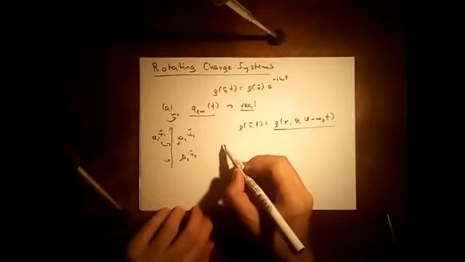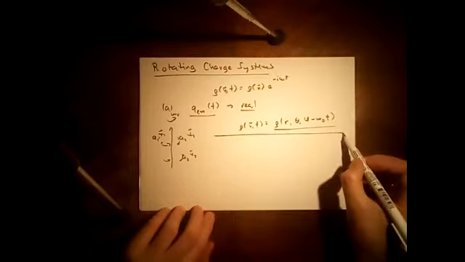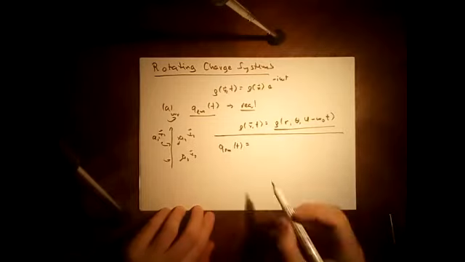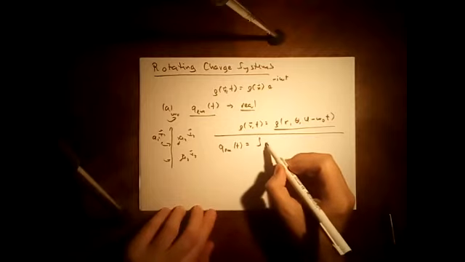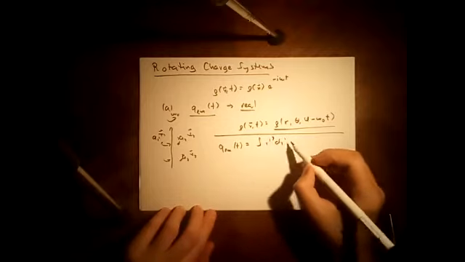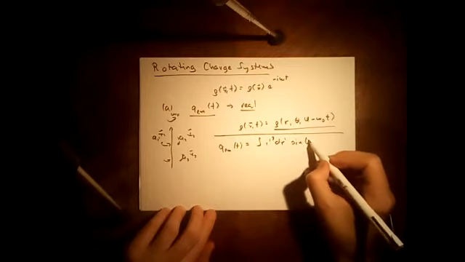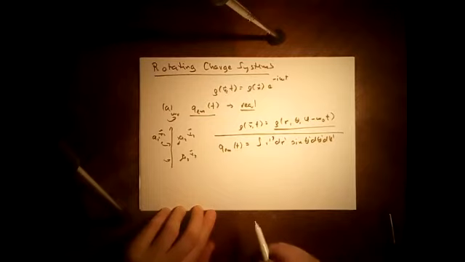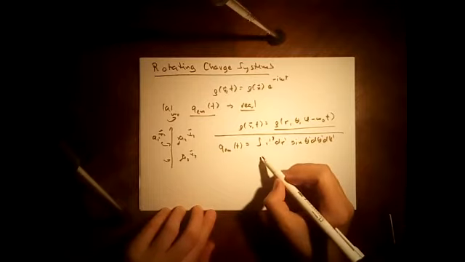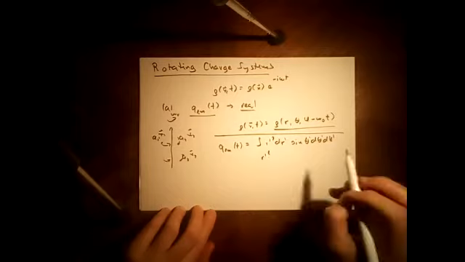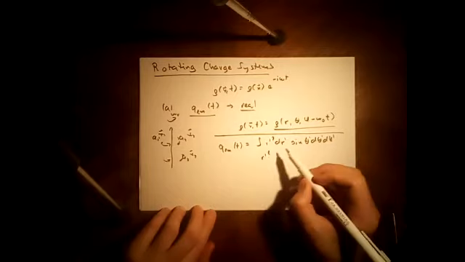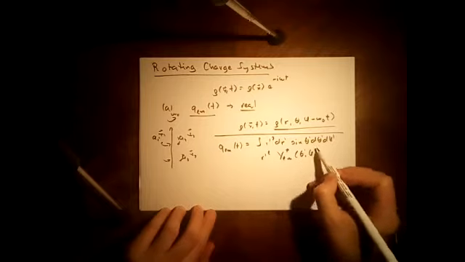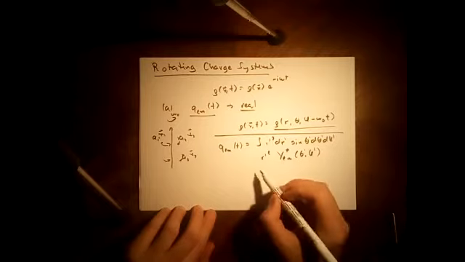Now the first step is to write the time-dependent moment associated with this charge density, which has the generic formula: the integral of r prime squared dr prime sine theta prime d theta prime d phi prime, that's just the volume element, then r prime to the L, Y L m star of theta prime, phi prime, and then the charge density.